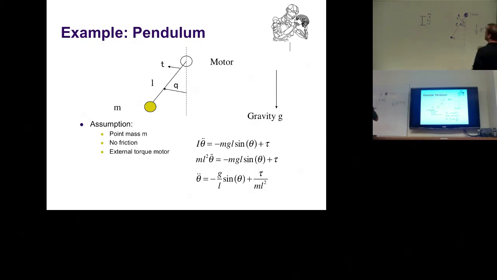A very simple external torque is the torque which I'm applying here from the outside. By the way, we need some convention, what we call positive and negative, when it comes to torques. And there is what is called the right hand rule. Very simple.